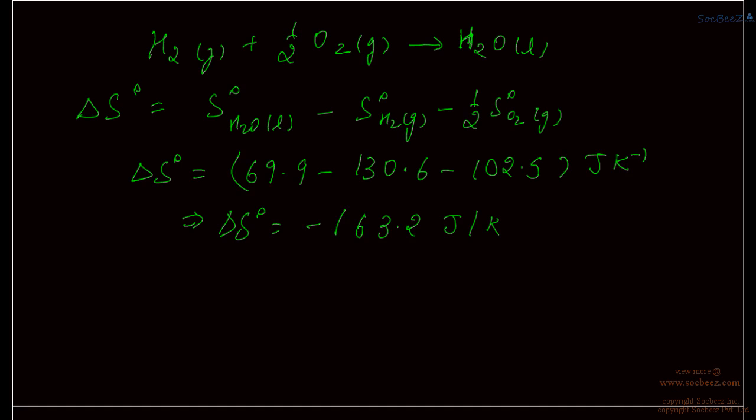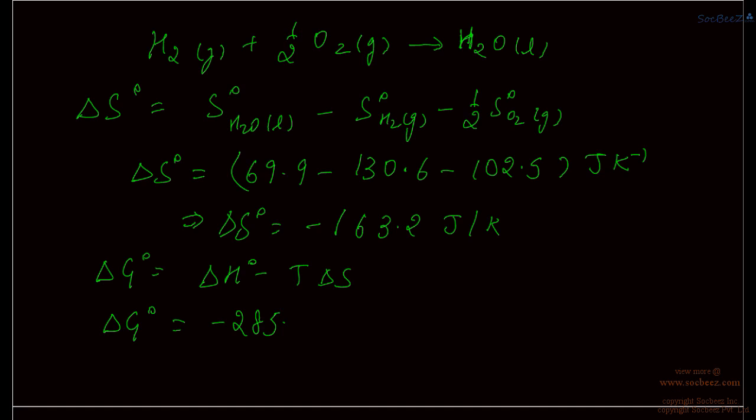Here the units are in joule per Kelvin. Now since we know that delta G naught equals delta H naught minus T delta S, and the value of delta H is minus 285.8 kilojoule, let's solve this.